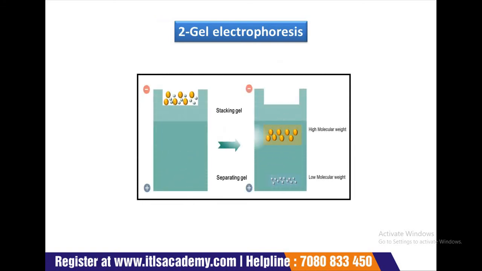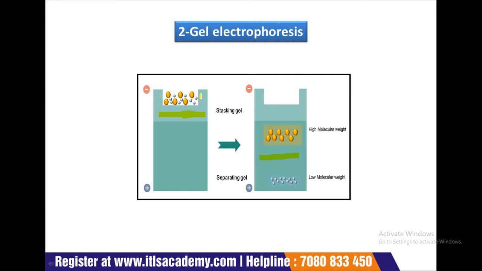Next is gel electrophoresis. The most commonly used gel is polyacrylamide gel, with buffer containing sodium dodecyl sulfate. Western blot uses 2 types of gel. You can see in this picture, the light gel is the stacking gel, and the dark one is the separating gel.